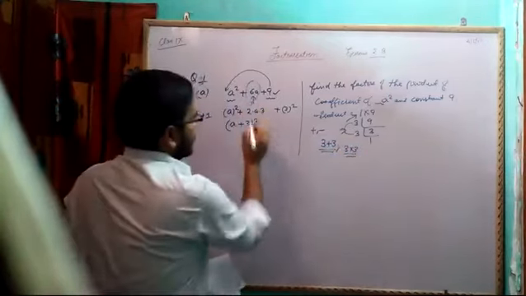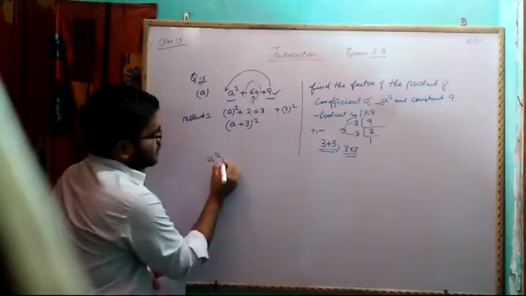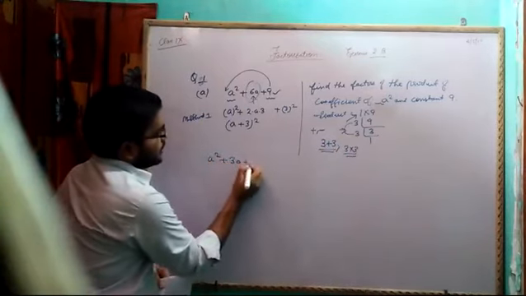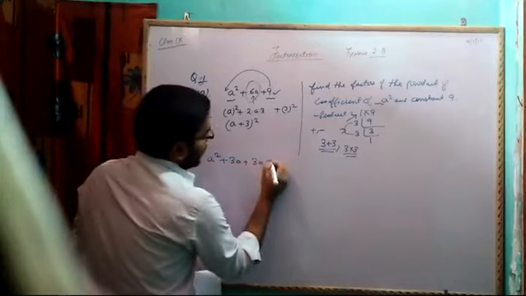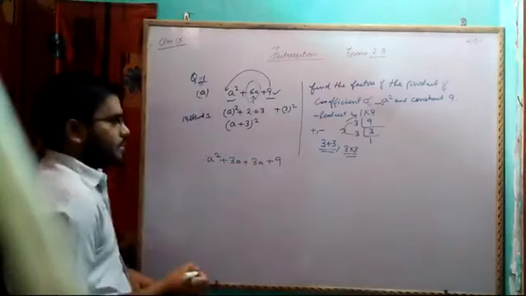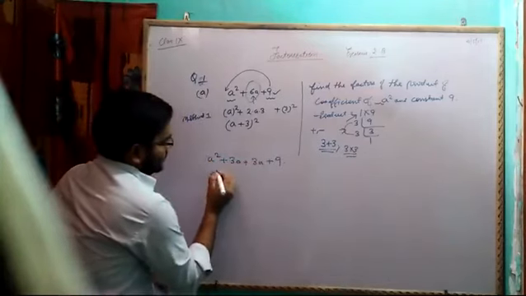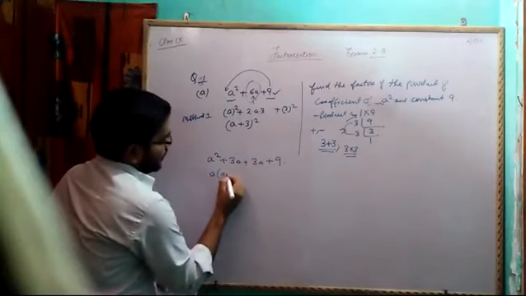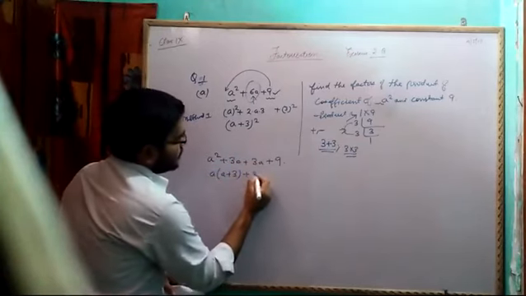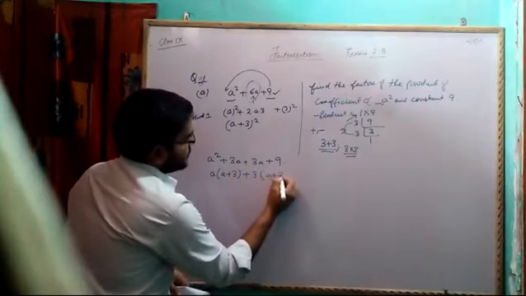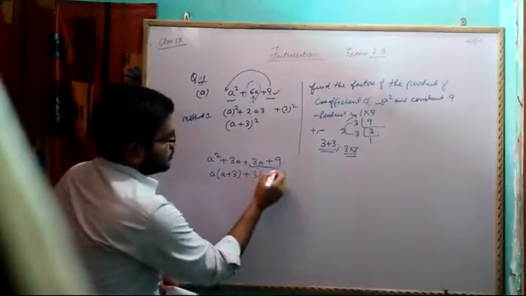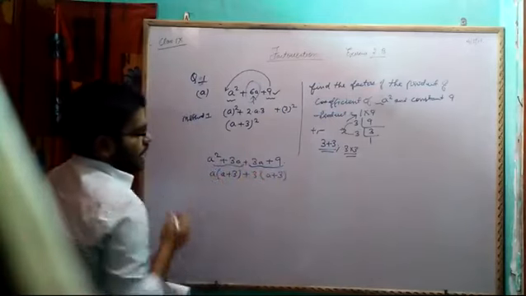So this middle term you can break as a square plus 3a plus 3a plus 9. Now you write a plus 3 common for these two terms, and for these two I have done the factor.